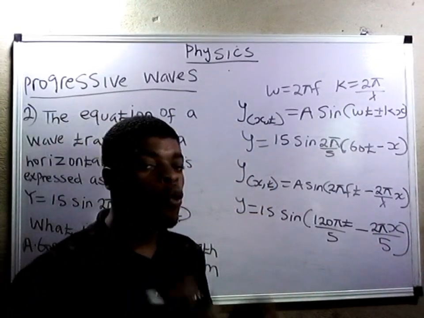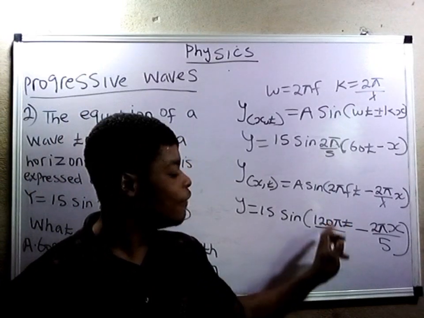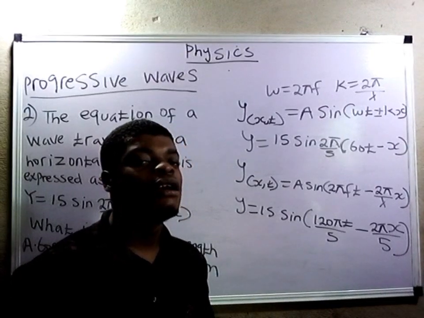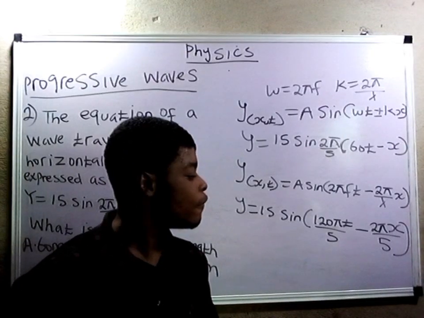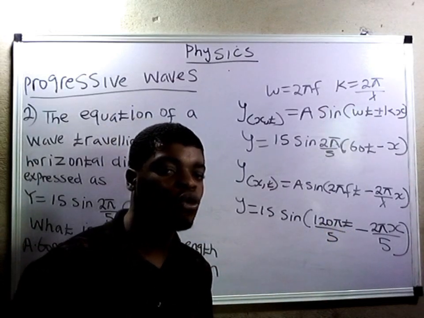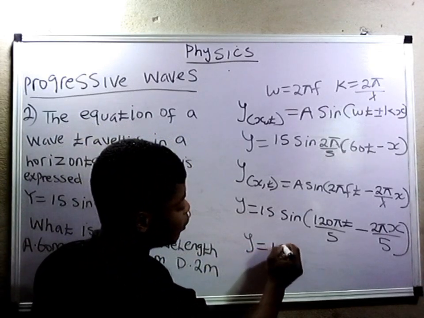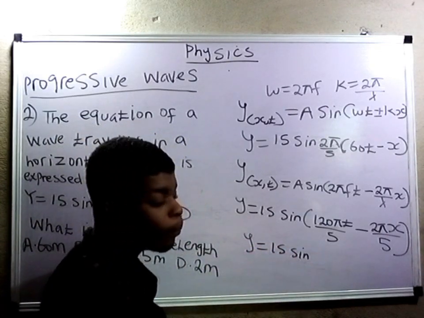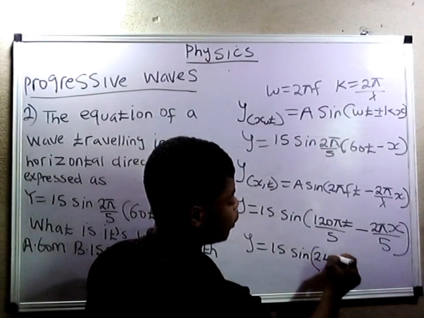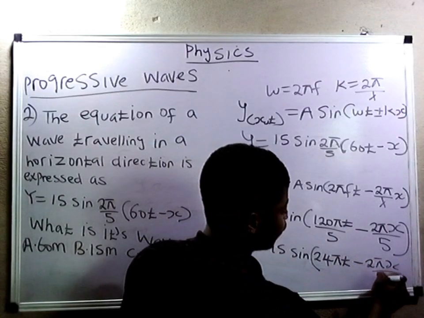Okay, we can therefore break it down by dividing it through by 5, divided by 120. So if we divide 120 by 5 to give us 24, we know that y equals 15 sine (24 pi t minus 2 pi x over 5).